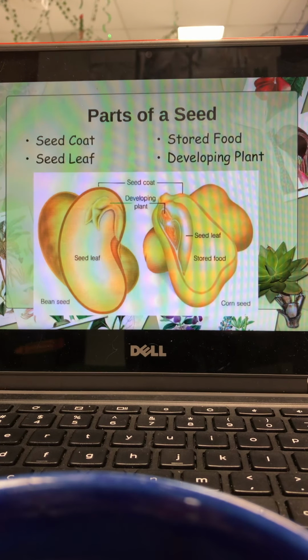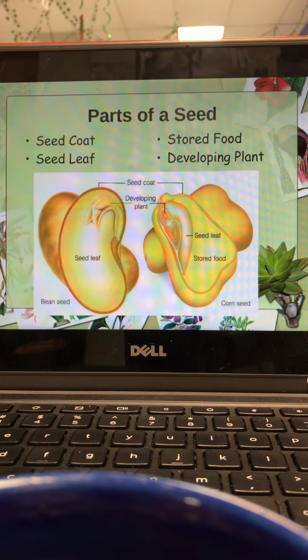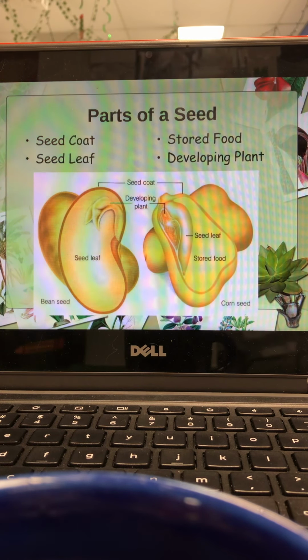And then, of course, we're going to get into the different parts of a seed. We need to know that, like our body, we have different parts, but a seed also has different parts as well. So we have the seed coat. Think about the seed coat like you're wearing a coat. We know that there is always going to be a seed leaf. Why?